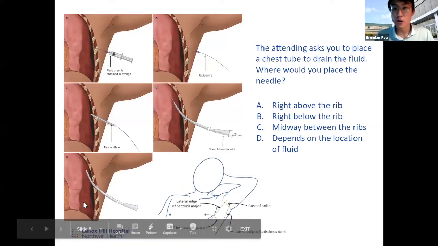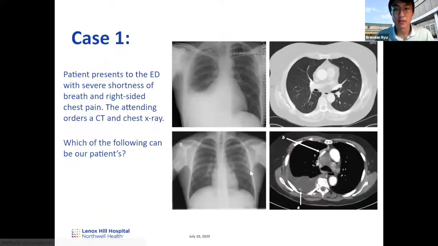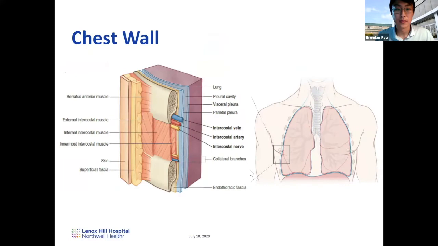Here is a quick higher order question: the attending asks you to place a chest tube to drain the fluid. Where would you place the needle? And these are the answer choices. Morgan, do you mind going back to the first slide or the second slide, I believe? If we look at the left image here, this is the way the ribs are organized.